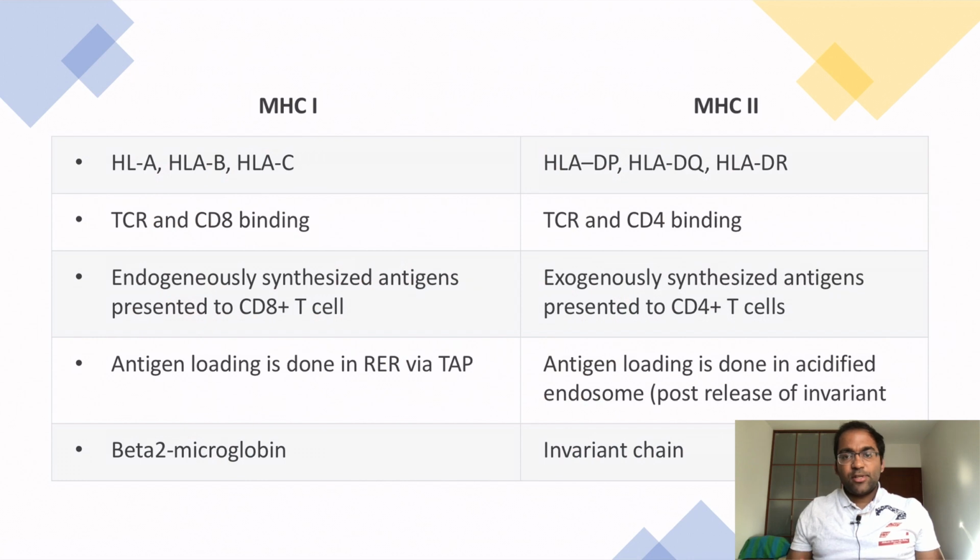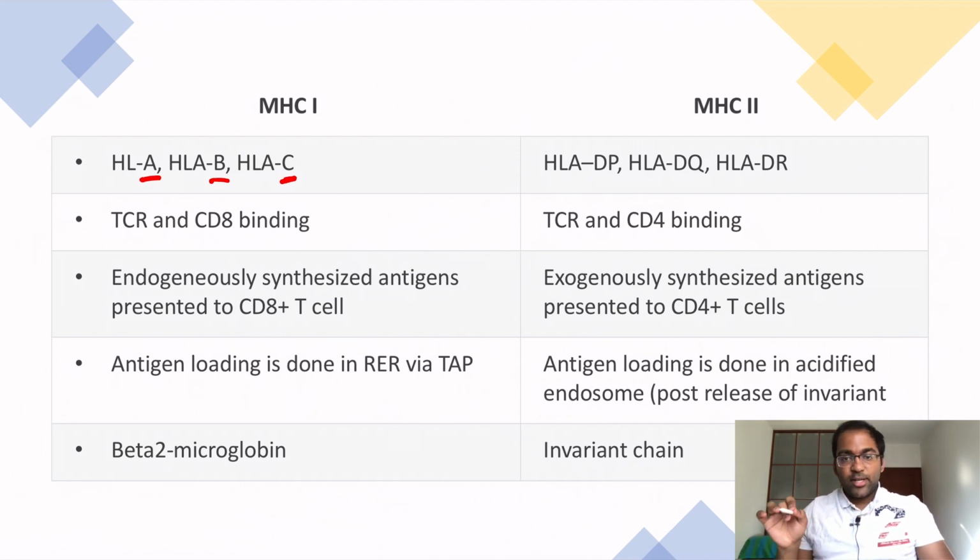Now, what is the difference between MHC class 1 and class 2? This is very important to know as well. Now, MHC class 1, how I remember is, it has only one letter. So the 1 stands for one alphabet. So what kind of HLAs do we have? It will be HLA-A, HLA-B, it could be HLA-C. So only one alphabet. MHC 1 stands for one alphabet.